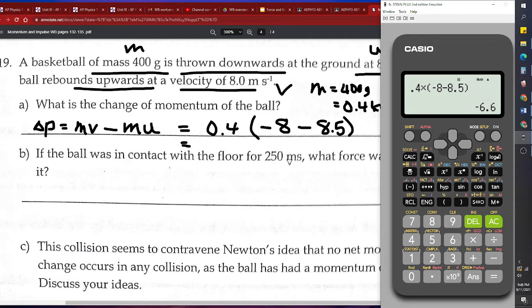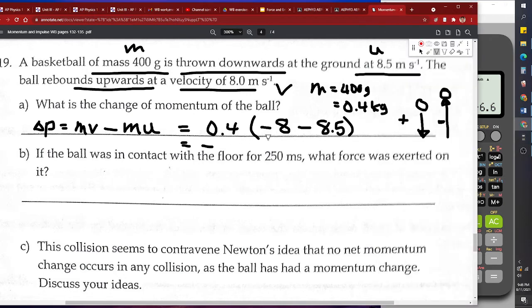The units are kilogram meters per second, and that just says it's up.